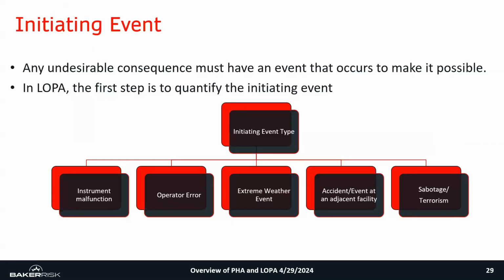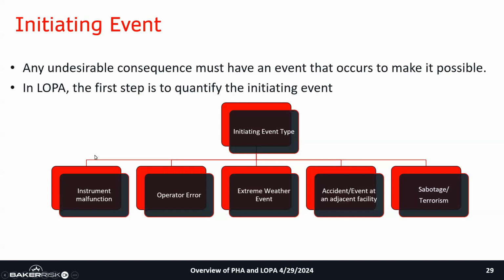So as a part of LOPA, as mentioned, your scenario identification occurs in the PHA. Really the first step for the LOPA process is to quantify your initiating event. So, your PHA identified the types of initiating events, and now with LOPA, you're wanting to put a number to how frequently that initiating event occurs.